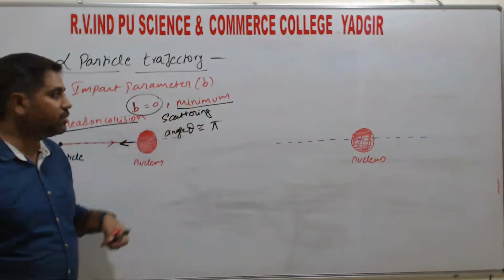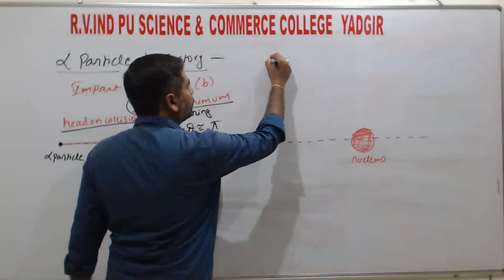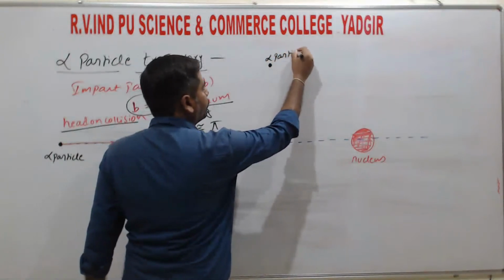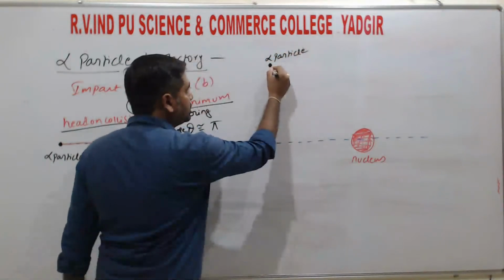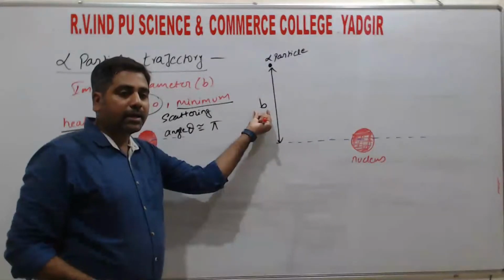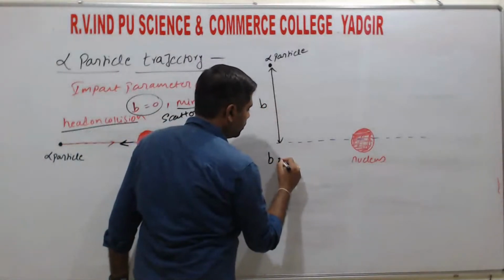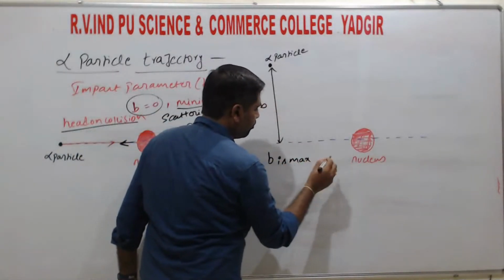Now for maximum, if I consider the alpha particle is here, so this distance, the impact parameter, is more, that is b is maximum.